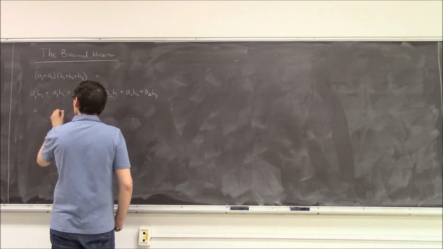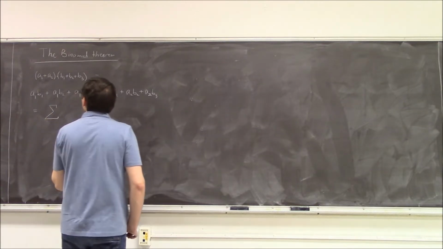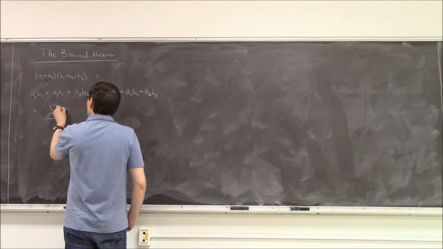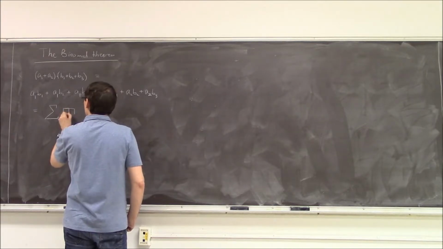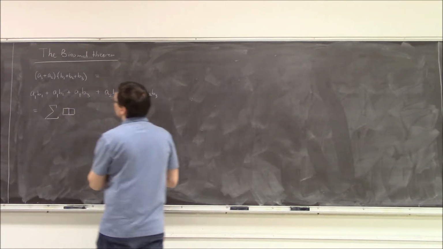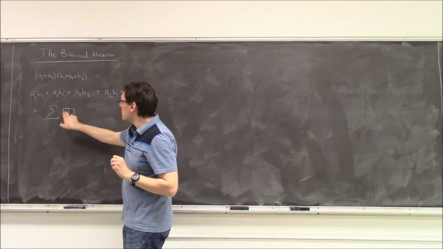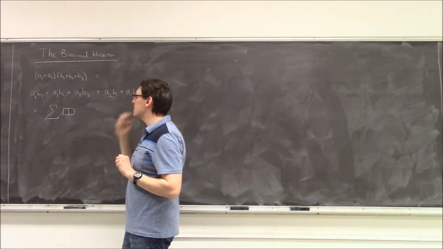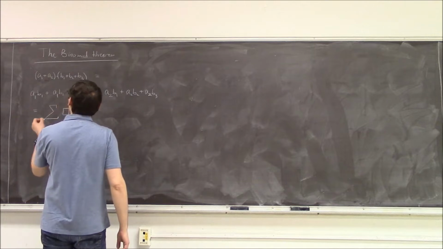So notice that our addition is of this form. It's a summation where I have two boxes, box 1 and box 2. Always a pair, where the first box is filled by an A and the second box is always filled by a B. And this is over all possibilities.